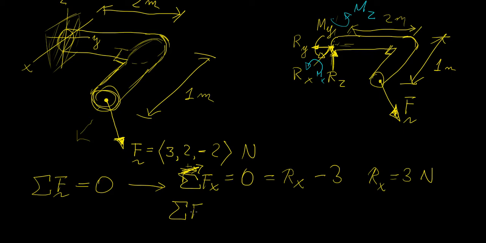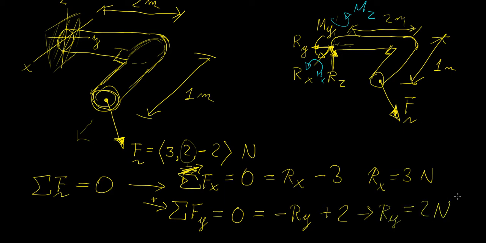Then the sum of the forces in the y direction. Let's say that this is the positive orientation. So we have minus Ry. And then this one has 2 units along the y direction, so we're going to have plus 2, which implies that Ry equals 2 newtons.